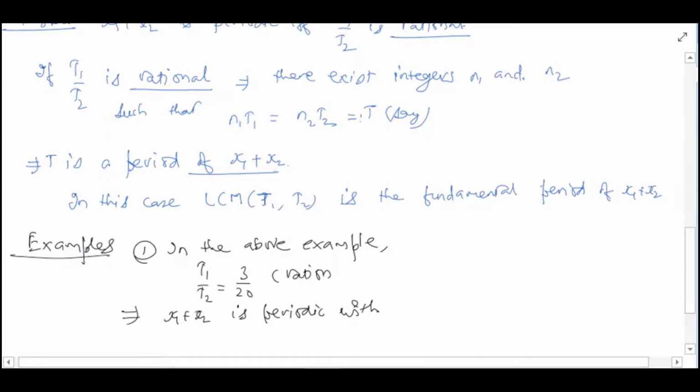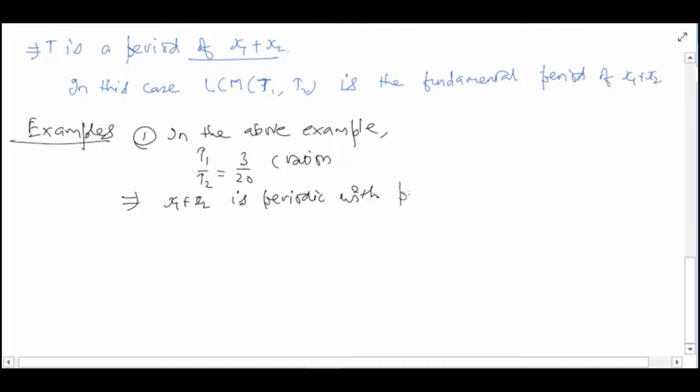So x1 + x2 is periodic with fundamental period 60, their least common multiple. However, let's see another example where x1(t) is cos(2πt). So its fundamental period is 1. x2(t) is cos(t).